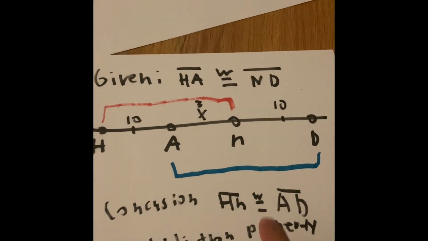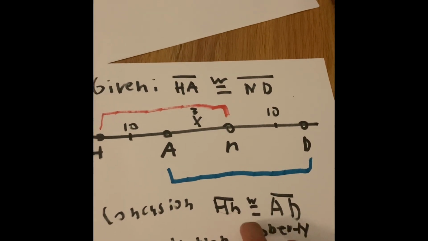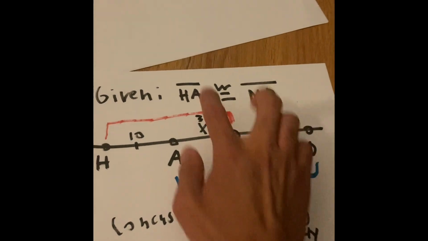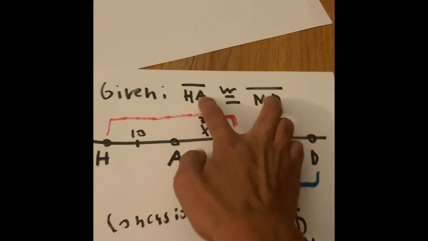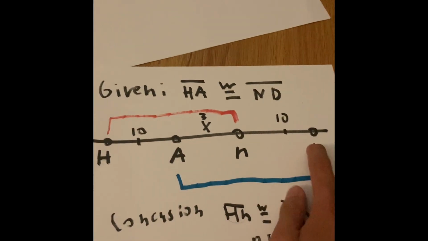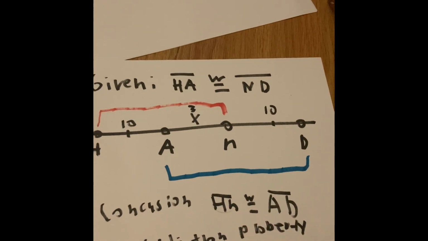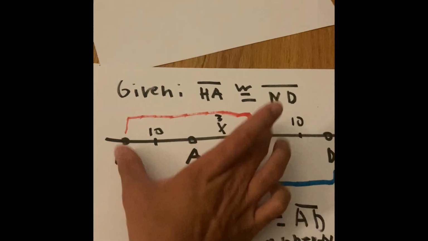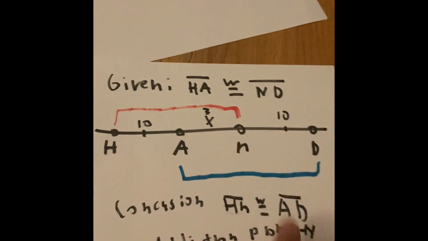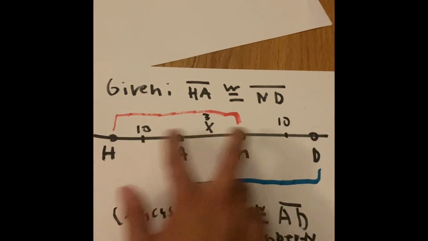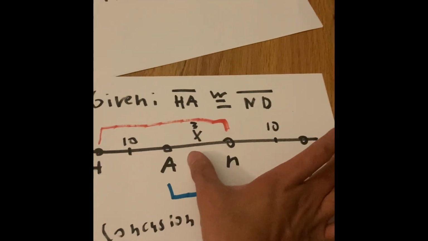Our conclusion is HM is congruent with AD. So it grew from this to these.